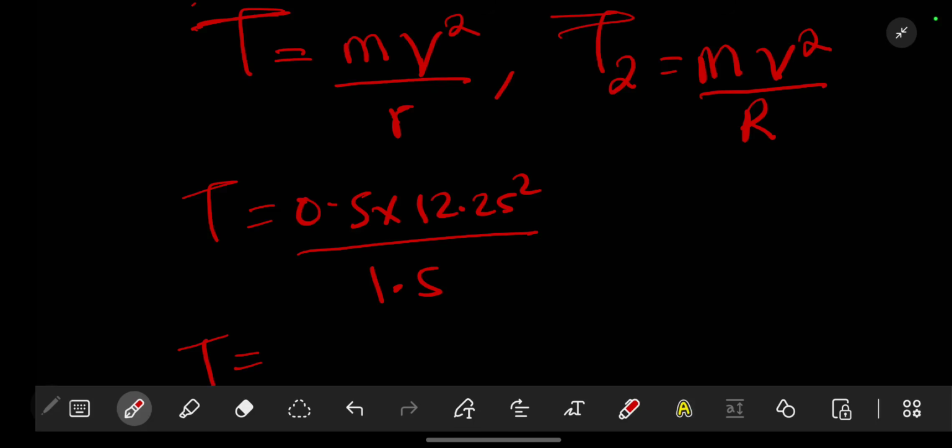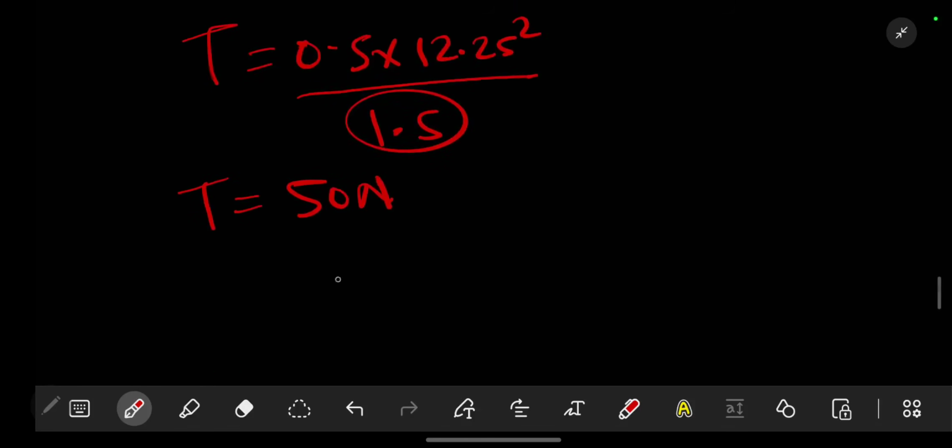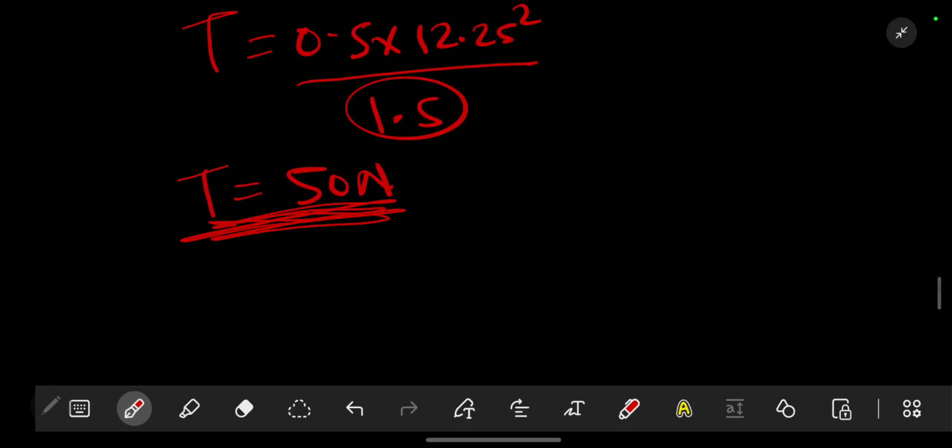So we have 0.5 by 12.25 squared, then divided by our 1.5. This gives us exactly 50 newtons. So with a radius such as 1.5, we are going to have 50. That means we have reached the maximum at which the rope can snap.